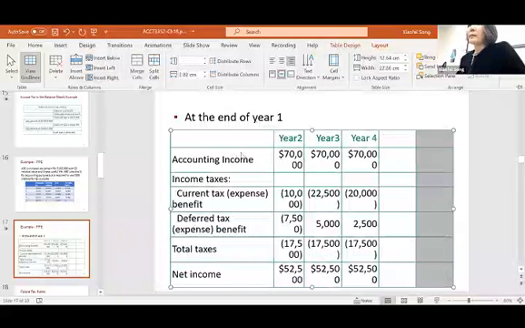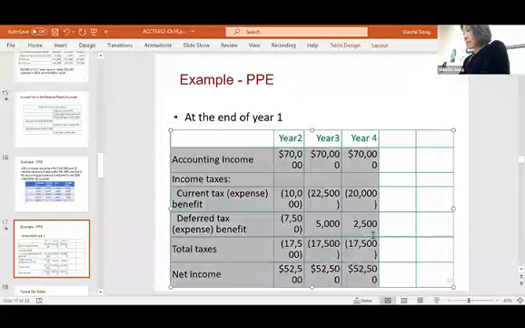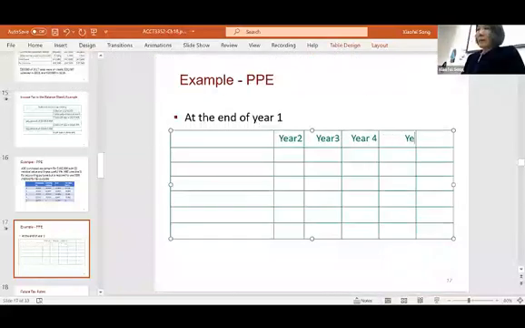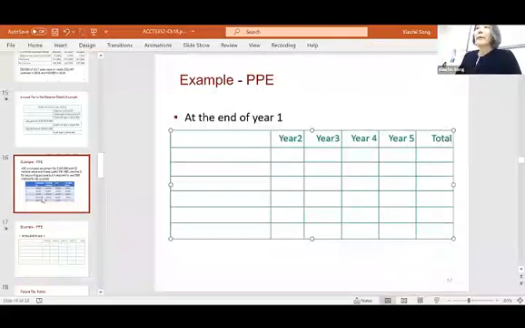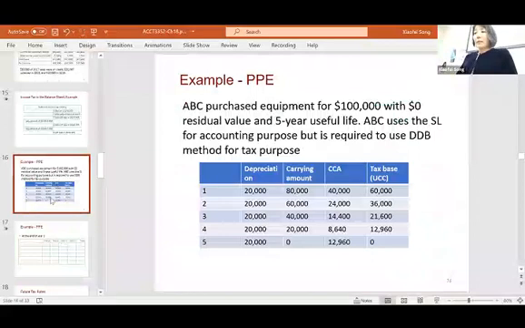Year 5 and the total. Using this, we will look at the difference of each year.